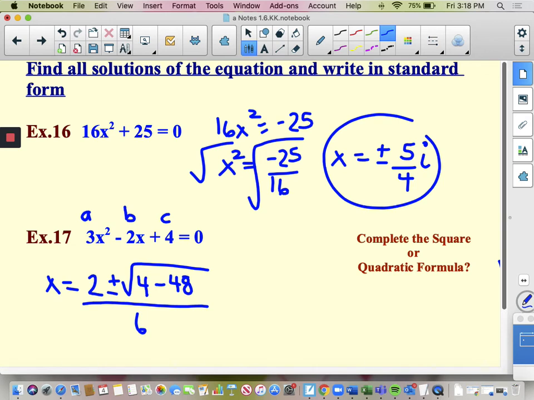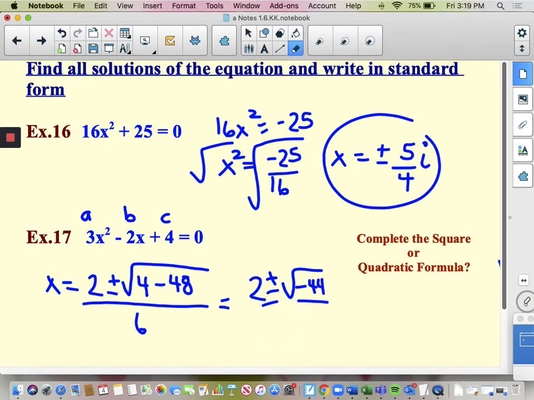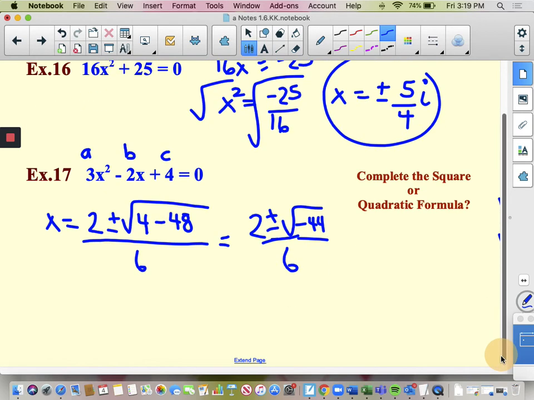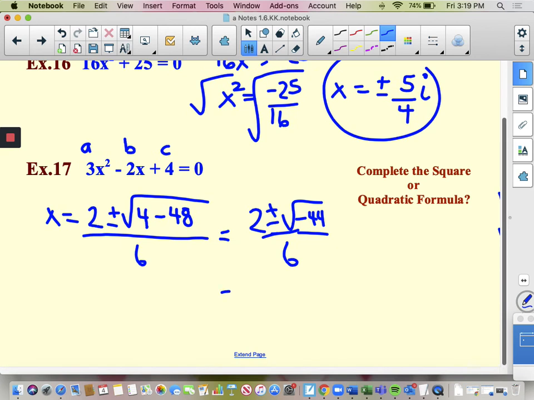You should be okay with the quadratic, right? And then 4 minus 48 is negative 44, over 6. And then simplifying that radical. Well, let's see. The square root of negative 44 is the square root of negative 4 times the square root of 11, right?